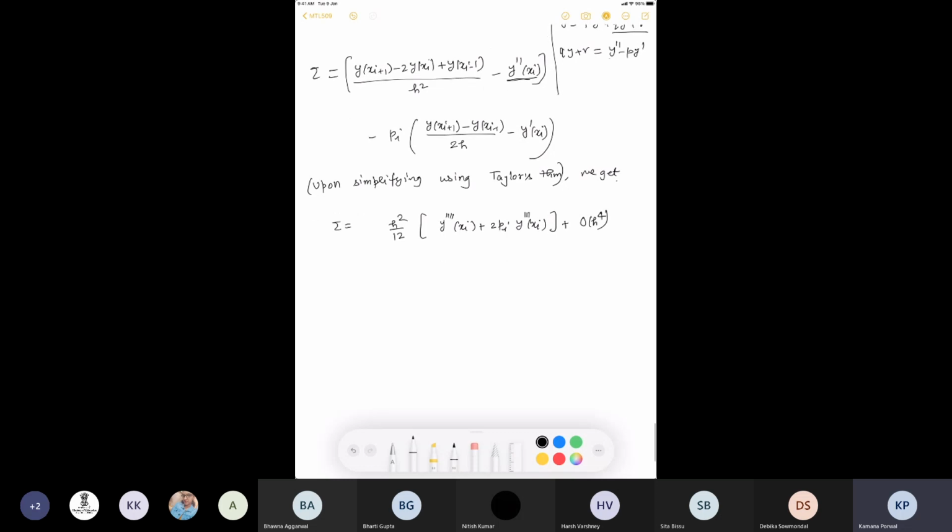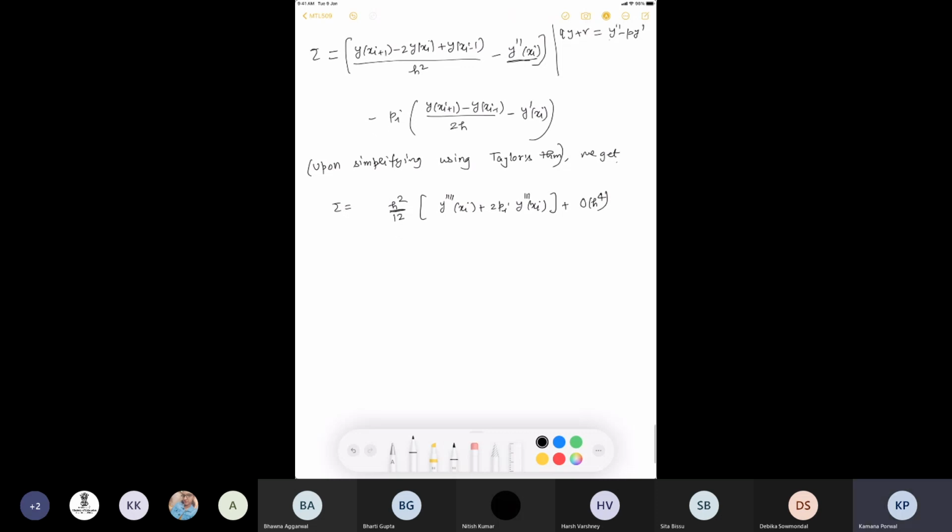I've just written the coefficient of h squared from the Taylor series expansion. So you can see that the truncation error is of order h squared, because all the rest of the terms are of higher order. This you can verify.